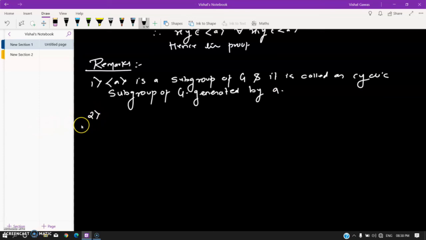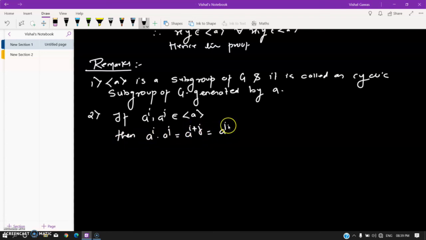Second, if A^i and A^j belong to A, then A^i times A^j is nothing but A^(i+j), right?